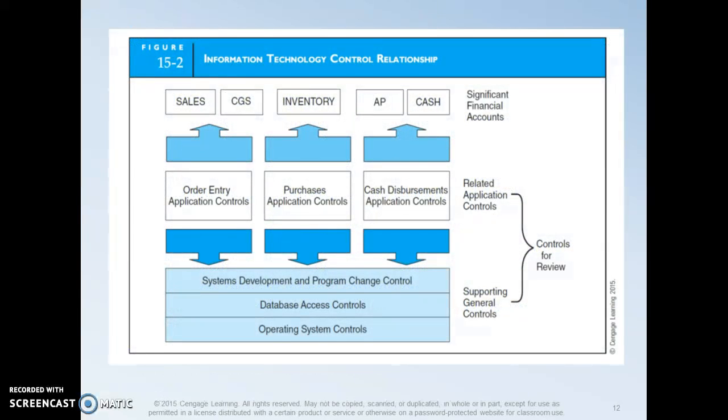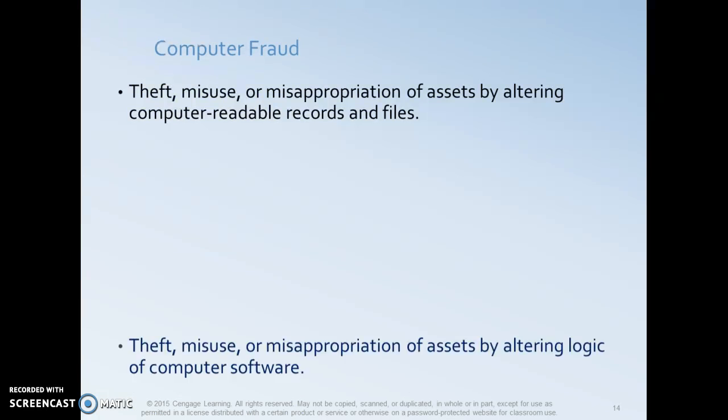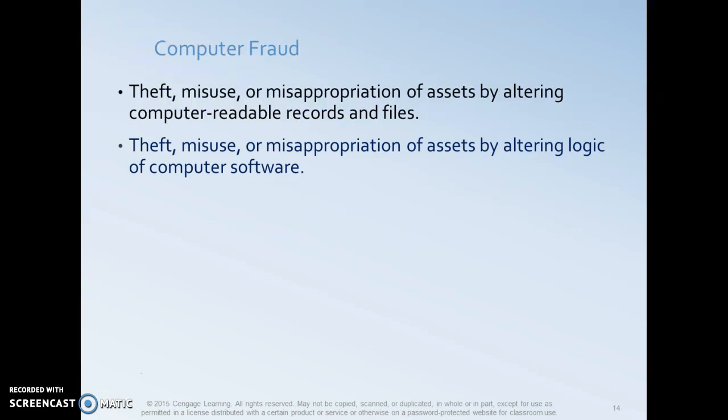So here's information technology, the control relationship. Just kind of look at this chart. I know we've probably talked about computer fraud in various other chapters. So we know computer fraud: theft, misuse, or misappropriation of assets by altering computer-readable records and files.